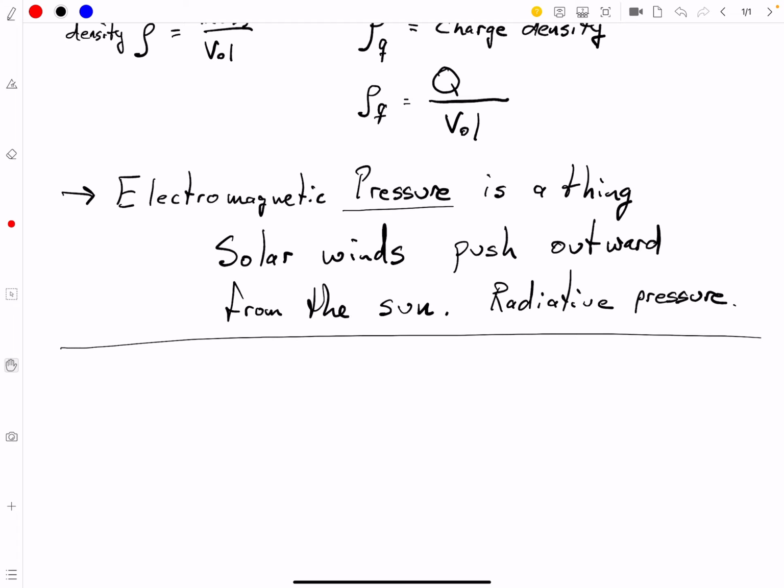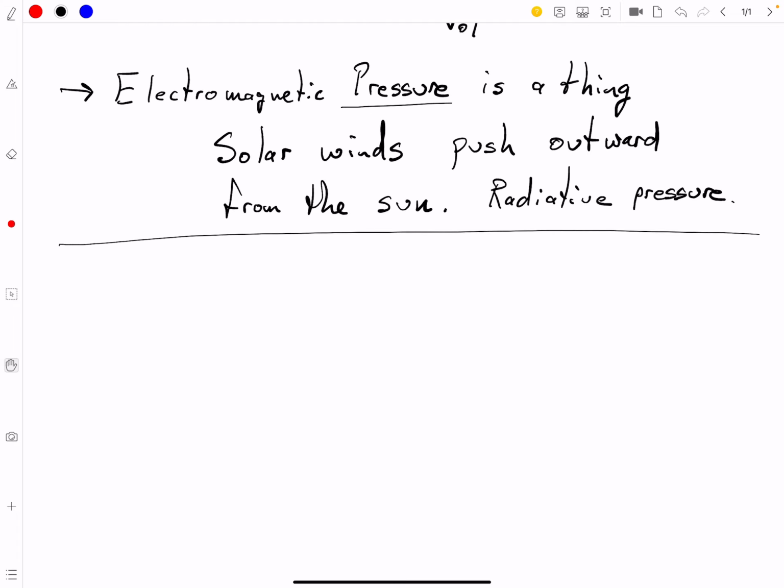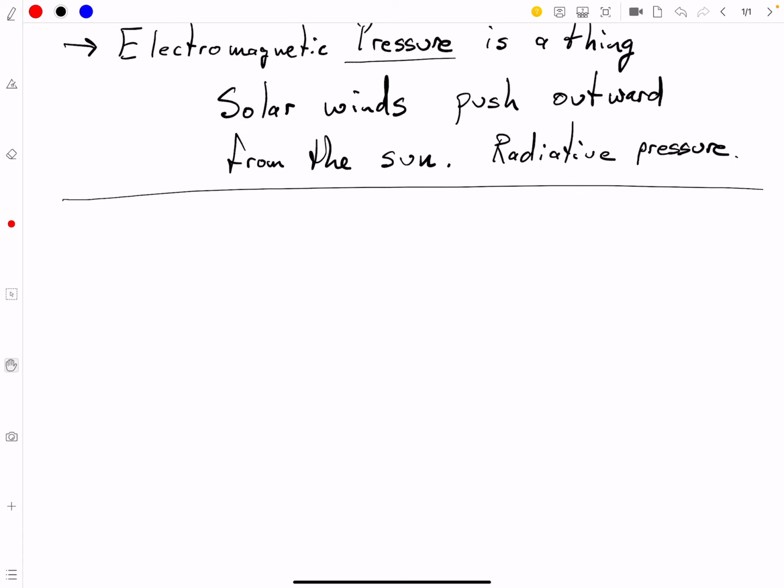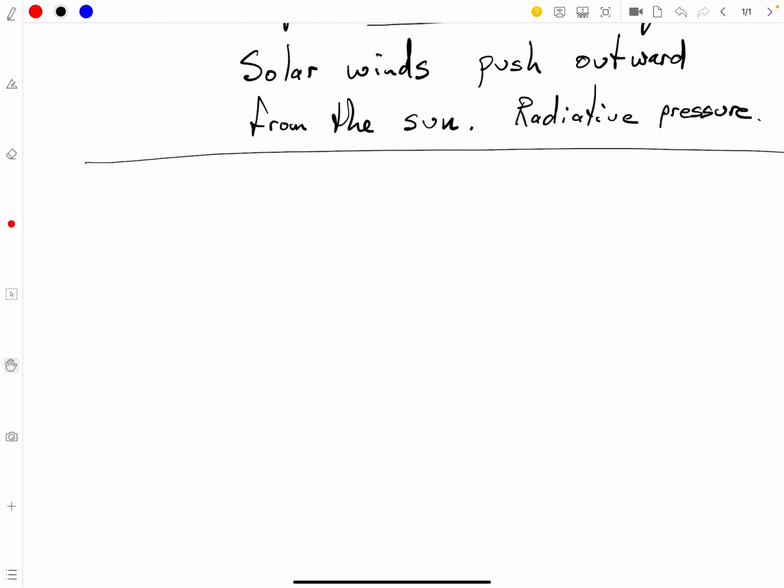All right. So what do we have next? We have laminar versus turbulent flow.